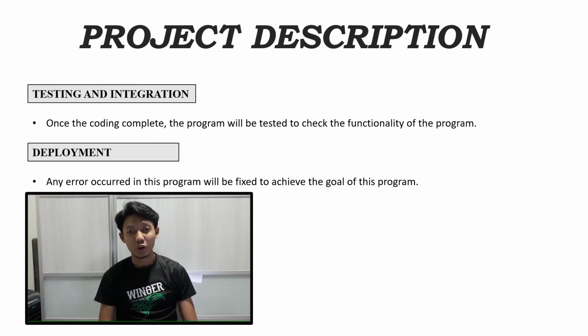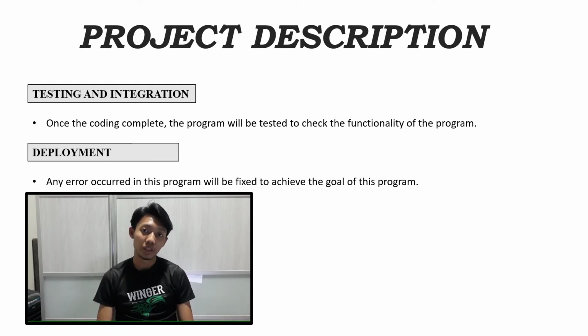Once the coding is complete, the program will be tested to check its functionality. The values given by Python will be compared to the values calculated manually by us. We will also do the deployment of the program. In this phase, any errors that occur will be fixed to achieve the goal of this program. For further details, we will explain our flowchart to you.